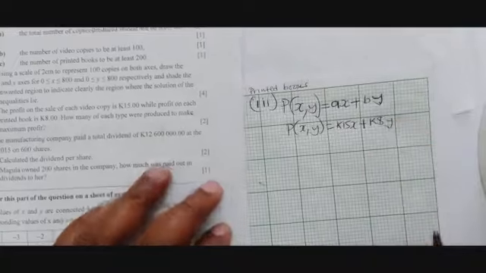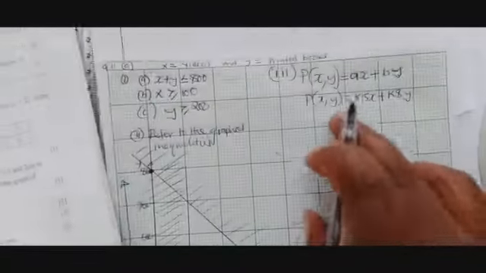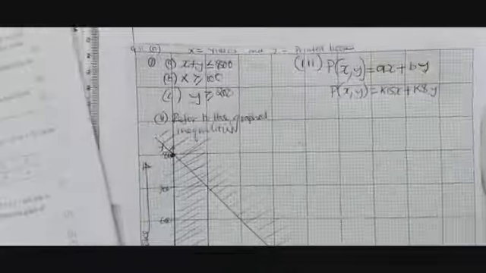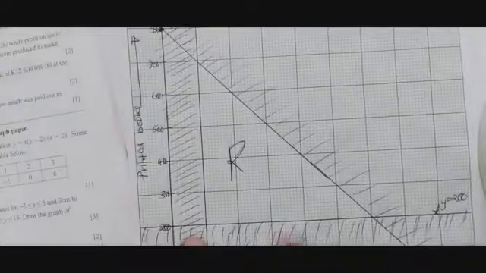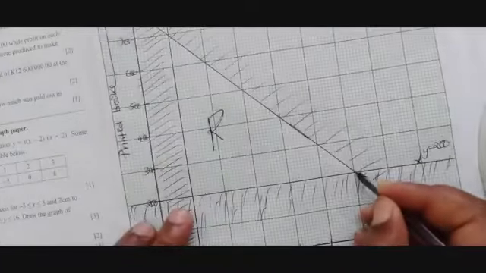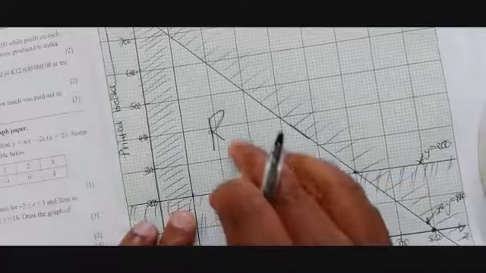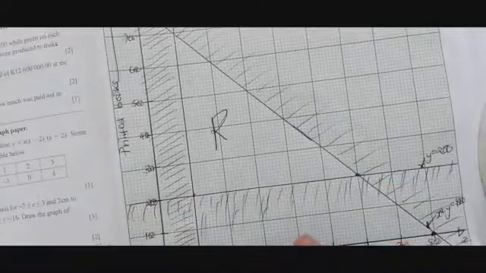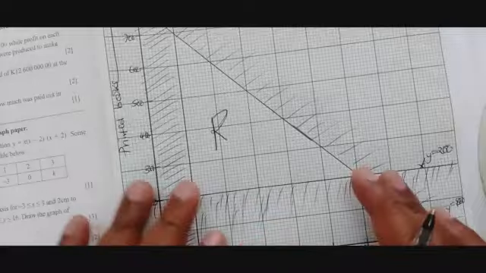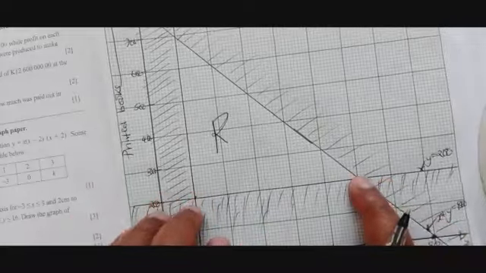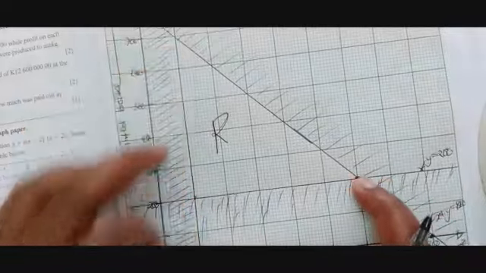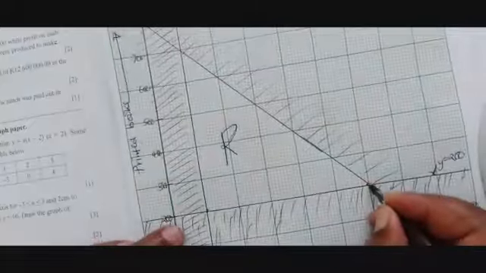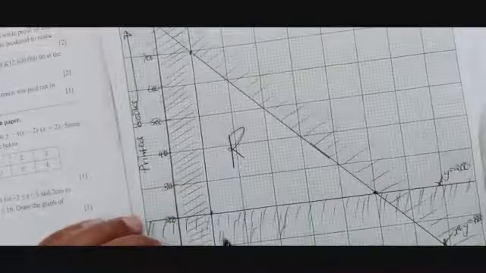Now where do we get the combinations? We get the combinations from the vertices here in the corners. You can get any other combination inside, but it has been observed or proved that usually the vertices will give you the maximum profit. So we'll get this one, and this here. What are the coordinates at this point?